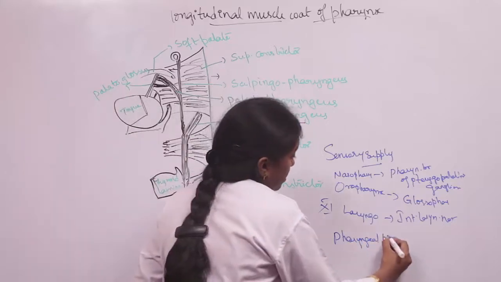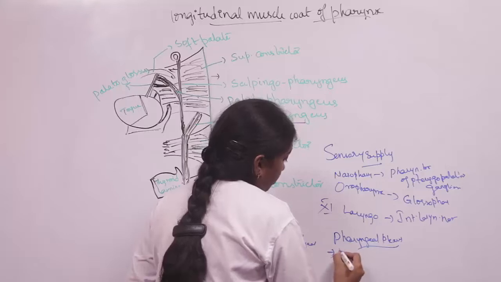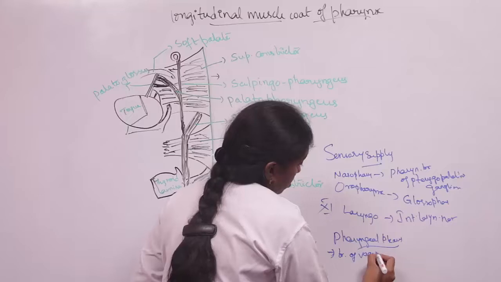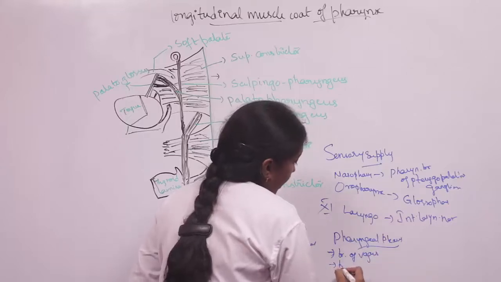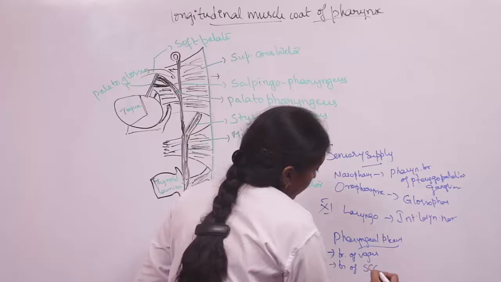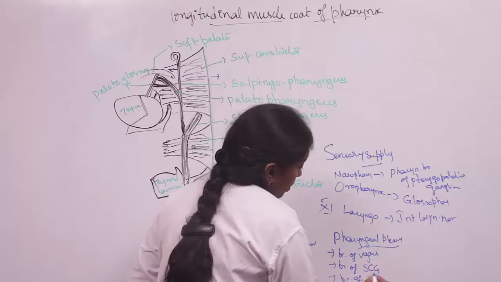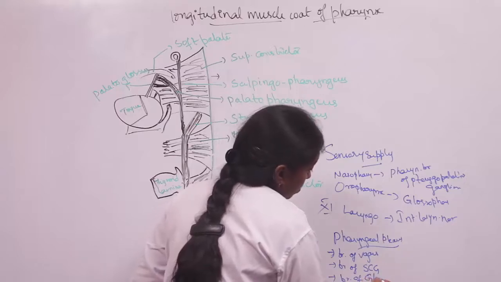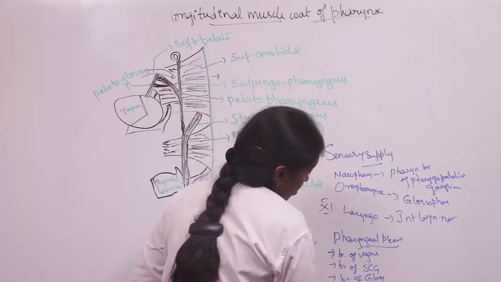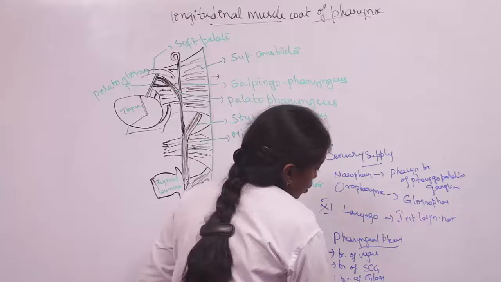The pharyngeal plexus is formed by a branch of the vagus nerve, a branch from the superior cervical ganglion, the pharyngeal branch of the glossopharyngeal nerve, and a pharyngeal branch of the external laryngeal nerve.